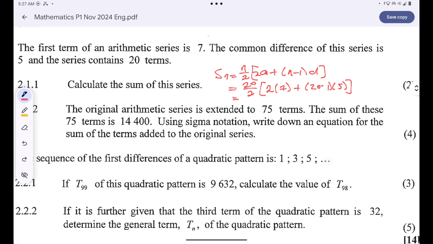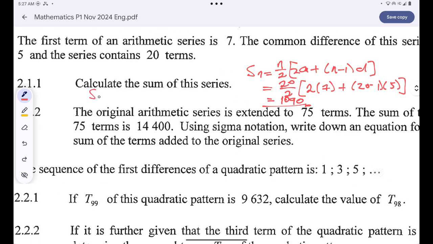So the values of a, n and d are already substituted, and hence the sum of the first 20 terms will be equal to 20 over 2 times (2 times 7 plus (20 minus 1) times 5). The sum of the first 20 terms is just equal to 1090.